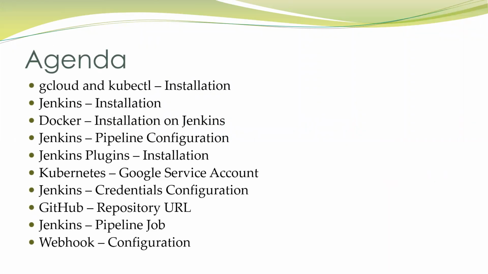So the agenda for this video is, first we need to install gcloud and kubectl. After that we need to install Jenkins, then install Docker, and after the installation portion is completed, we need to configure the pipeline in Jenkins.